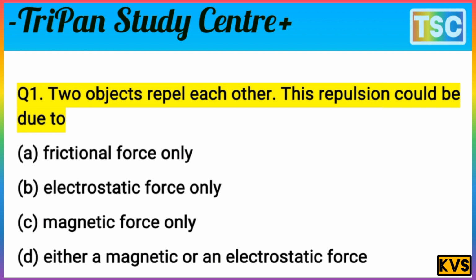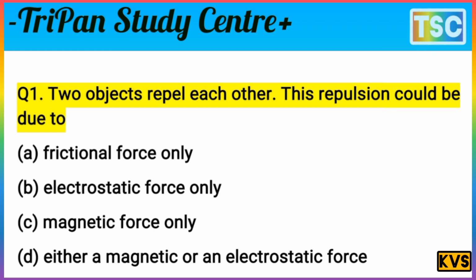The question is clear: two objects repel each other. This repulsion could be due to what? Frictional force only? Friction is important, but it does not make objects repel each other.